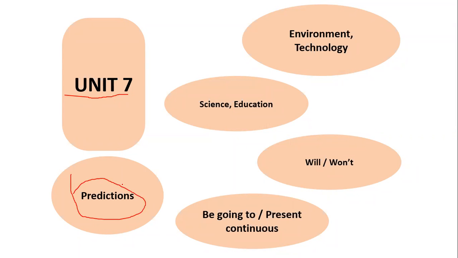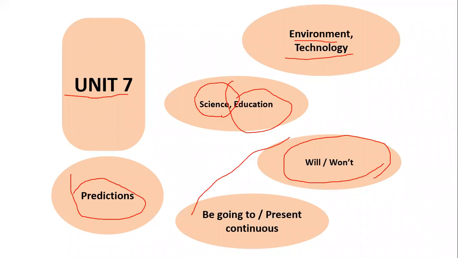In this unit, we are going to talk about environment and technology. We are going to have conversations about science and education, and we are going to practice new grammatical structures: will and won't, and be going to.